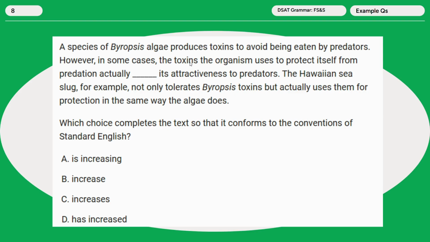So toxins, we note that it is plural, and because this is a fact, the facts always have to be in present tense. D is out, and we also know that toxins is plural, therefore the answer needs to be plural. Therefore, C is out and A is out. Therefore, our only answer choice left is B, increase. So the toxins increase its attractiveness to predators.